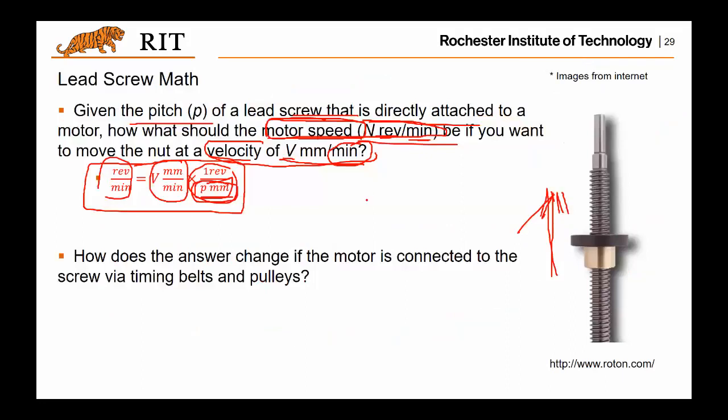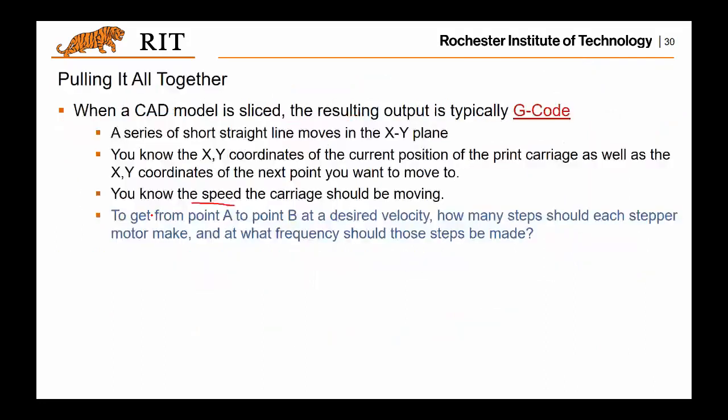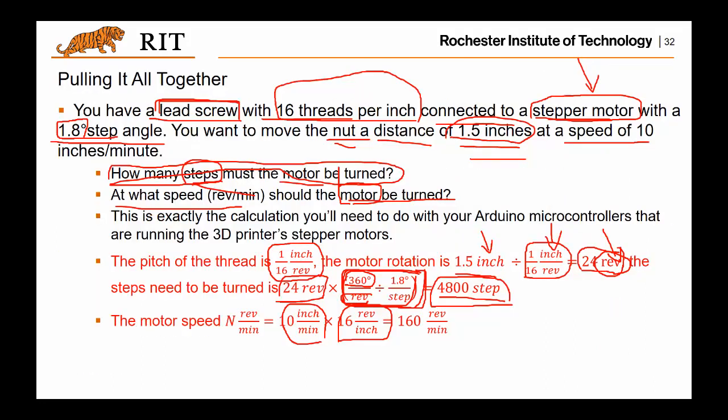You can always do this conversion by knowing the linear speed as well as the pitch. You can either know the linear speed and come up with the rotation, or know the rotation and the pitch and come up with the linear speed. Now what you know here is the linear speed and also the pitch. You can easily come up with the revolutions per minute, and that is what you have. All right. Any question for this?